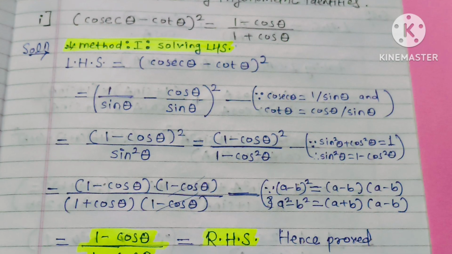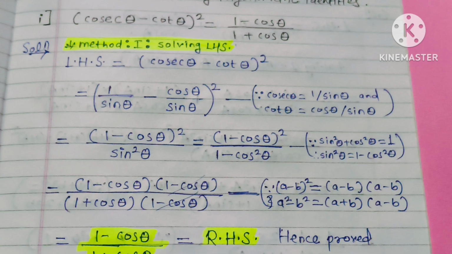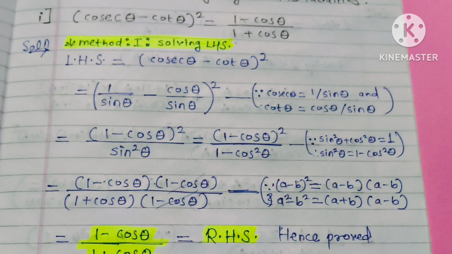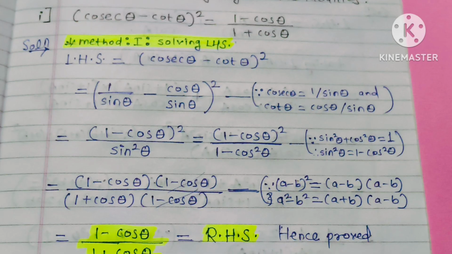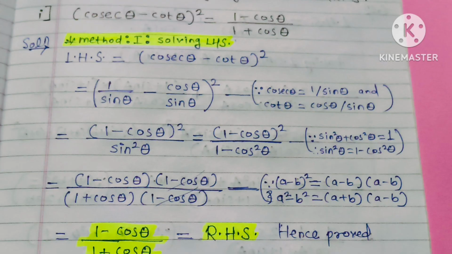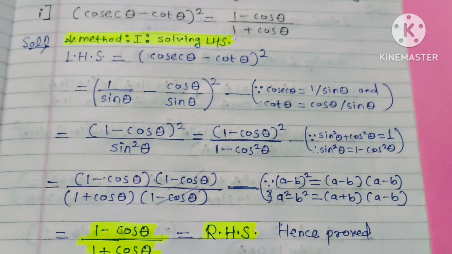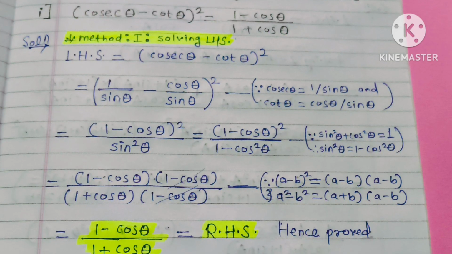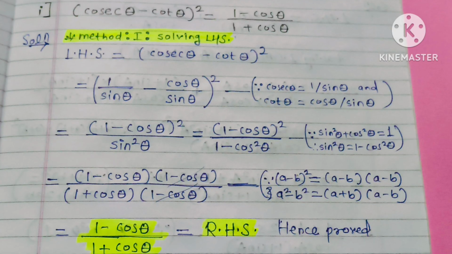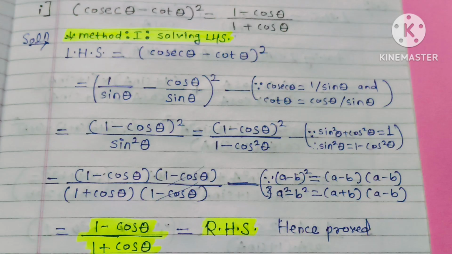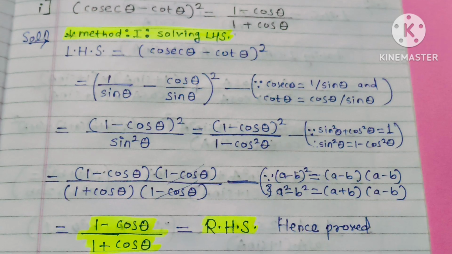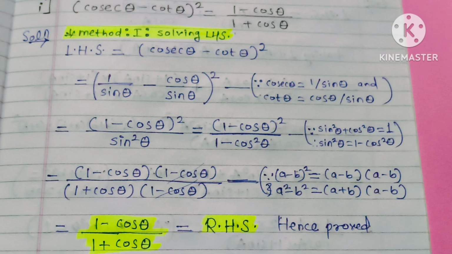Applying this property in the denominator, and in the numerator we can see it is the square of a minus b. The actual formula is a square minus 2ab plus b square, and we have found before that we can get this using the first bracket (a minus b) into the second bracket (a minus b).